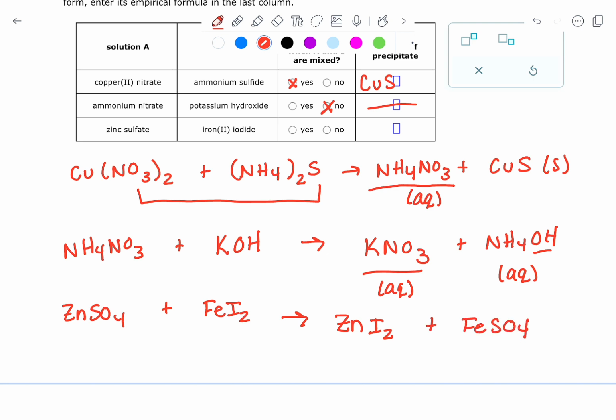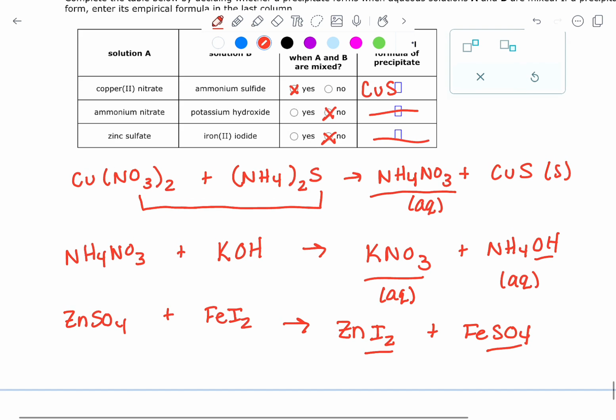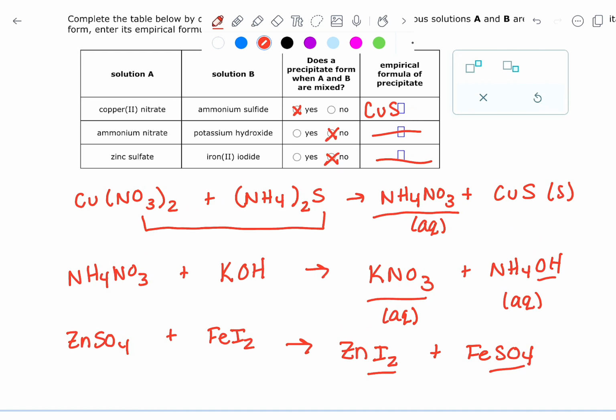And we can see from our chart that neither of these are going to form a precipitate. Sulfates are typically water soluble, as are iodides. They only have a few exceptions, and iron and zinc are not one of those. So this will not have a precipitate. So again, you would not write anything for the formula there. So only one of our examples here formed a precipitate, and that was copper sulfide.